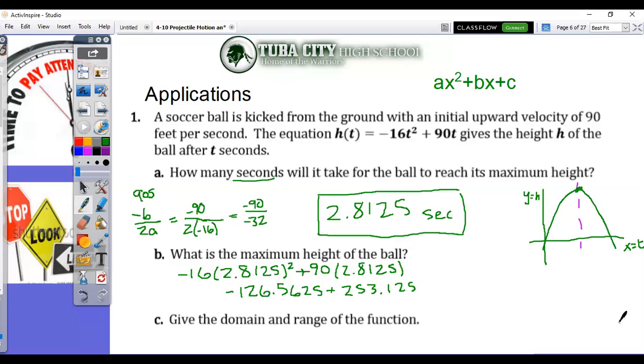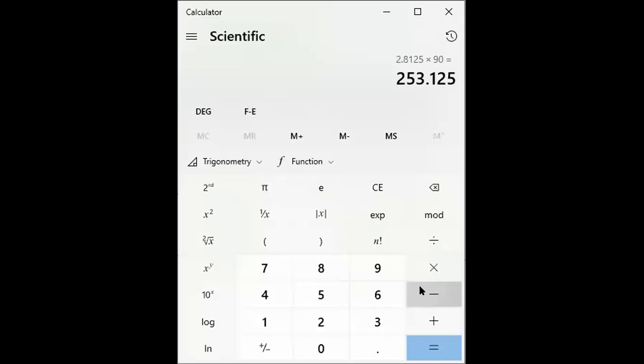All right, I'm going to put these two numbers back together. So I need to subtract this from that. So go back to the calculator, and we're going to take this number minus the other number we had, which was 126.5625.